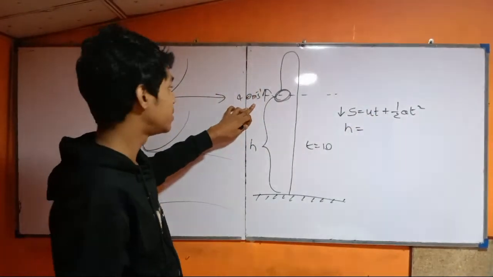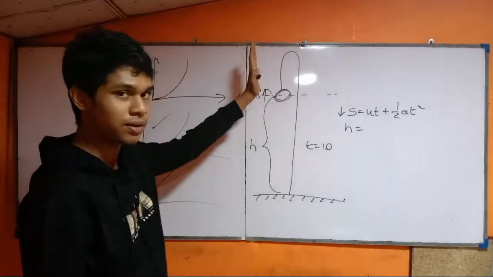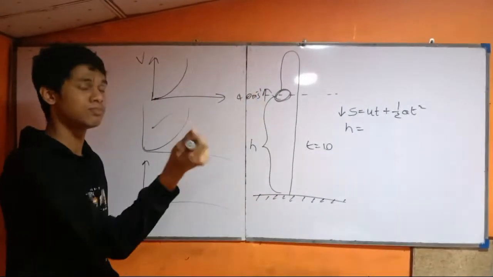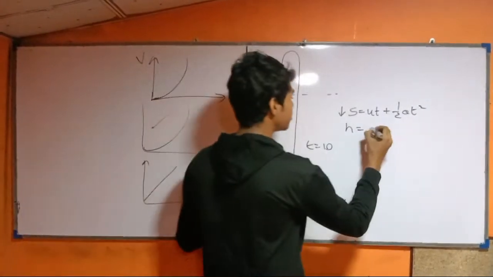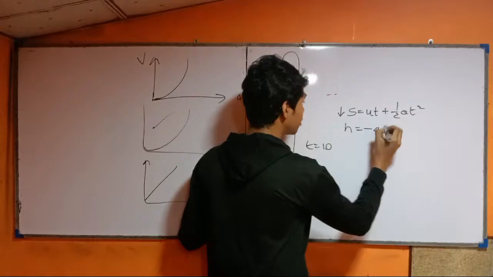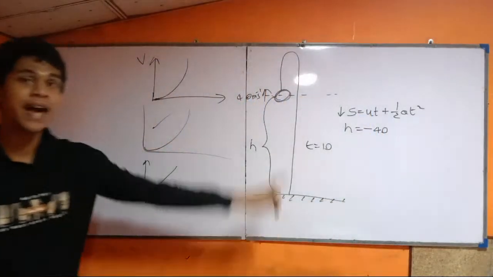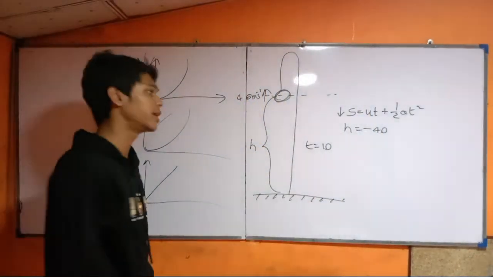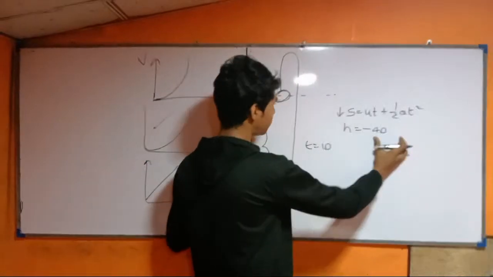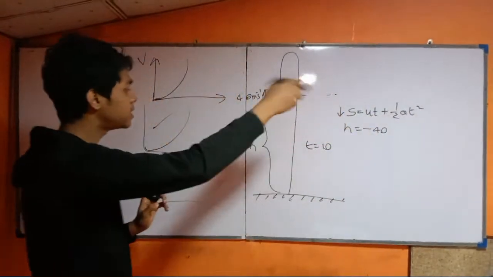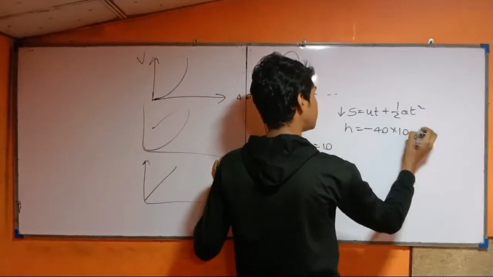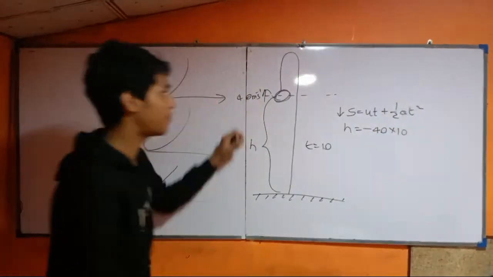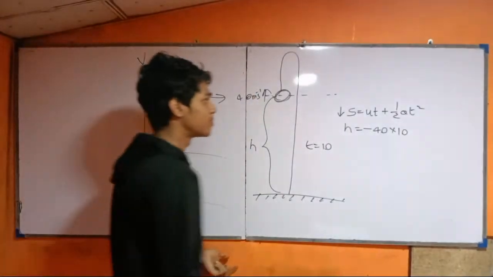Initial velocity: you have marked this to the top, right? The guy is pushing the ball to the top. So it's going to be minus 40, because we are applying the equation downwards and they are vectors. Do not forget that, they are vectors. So minus 40 multiplied by time. Time is 10. Acceleration is downwards and I am applying the equation downwards, so it's going to be positive.